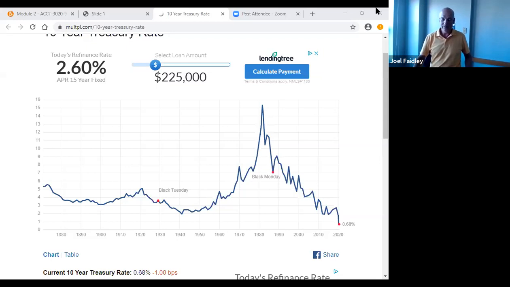So what does that mean when we look at this chapter? Well, it's good to understand what's going on in the economy with interest rates. And when a company sells bonds, like let's just go back to this time here in 1981, a company was selling bonds to investors and paying maybe 15–16% for a 5-year bond.